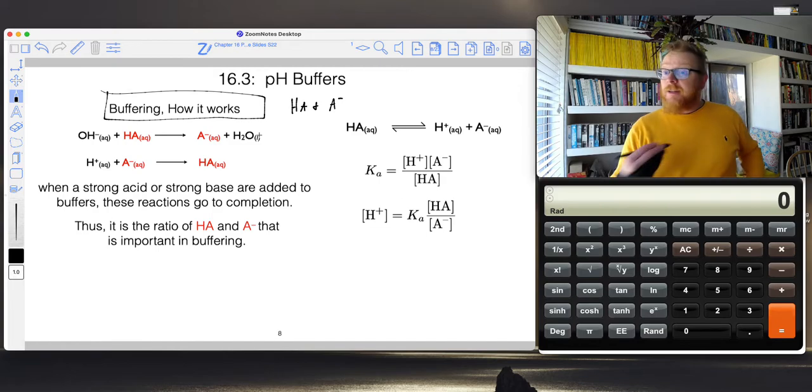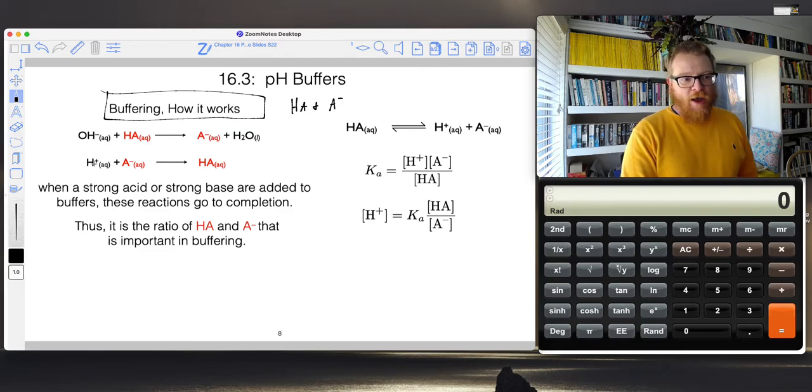However, if I were to add strong acid to the same buffer, it doesn't matter that it's a weak acid buffer. I can add acid to an acid buffer, and it's still going to resist that change in pH because now the strong acid is going to react with the conjugate base of that buffer and go on to produce more HA.